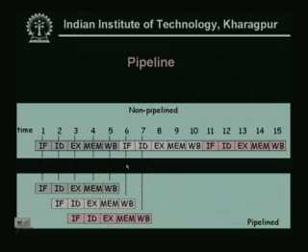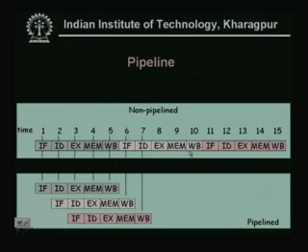Here we have given a time axis, with 1, 2, 3 up to 15 time steps, and the 5 stages: instruction fetch, instruction decode, execute, memory and write back.